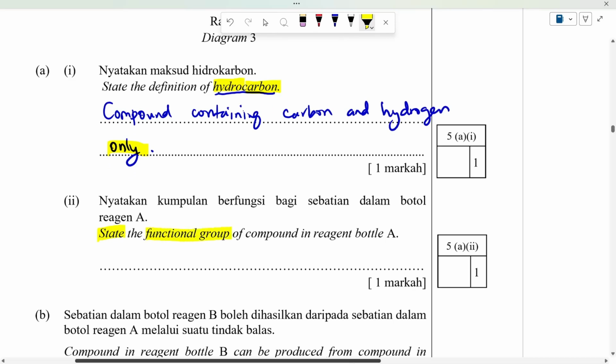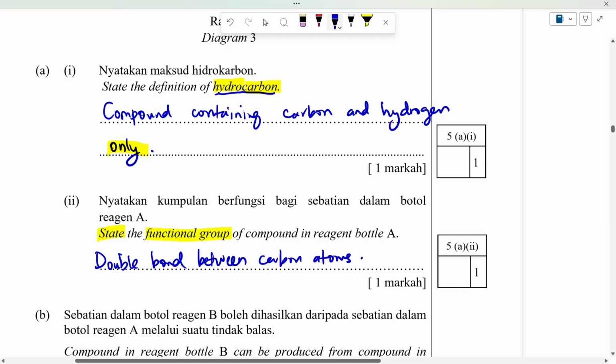Alkene is the homologous series. The functional group is? That is the general formula. Class, what is your answer? Carbon double bond, or double bond between carbon atoms.